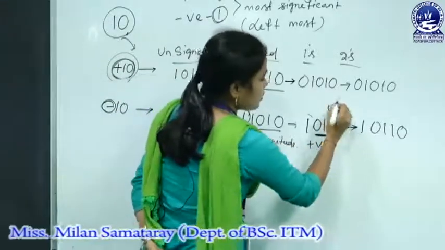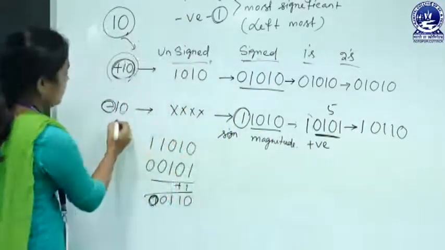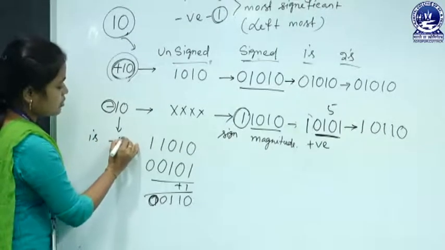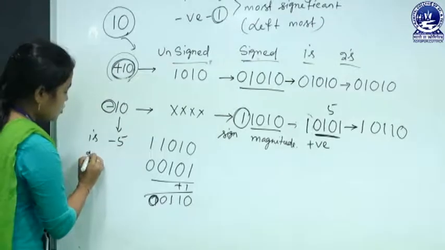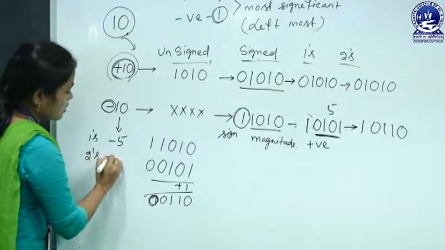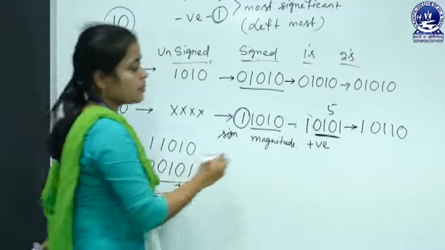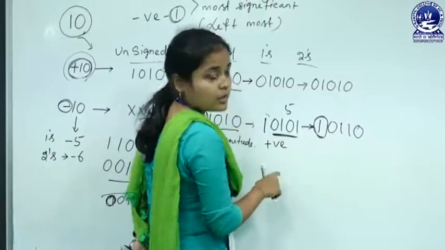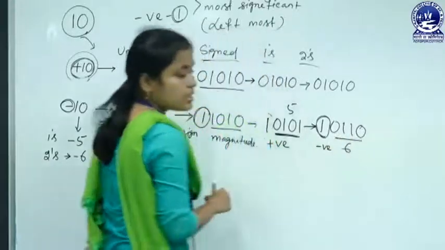It is 5. So what is the 1's complement for minus 10? The 1's complement value is minus 5. And what is the value for the 2's complement of minus 10? It is minus 6. Okay, because the leftmost bit is 1, we are not converting this. It represents negative and this value is 6.